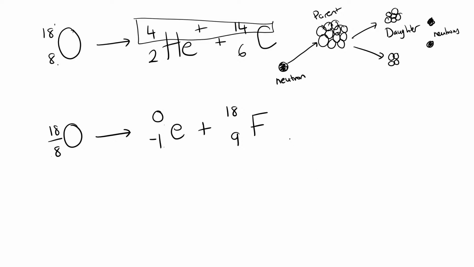Whereas with fusion, that's where we're going to have smaller particles. So quite often we have maybe hydrogen 2. We can have a couple of bits of hydrogen 2, and then they are joining together to make helium, which is what happens inside a star.